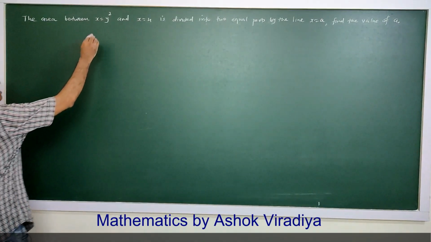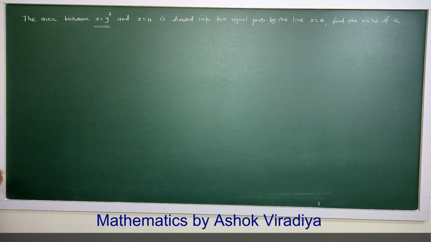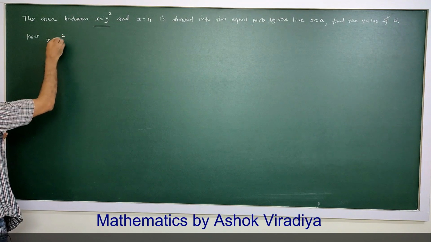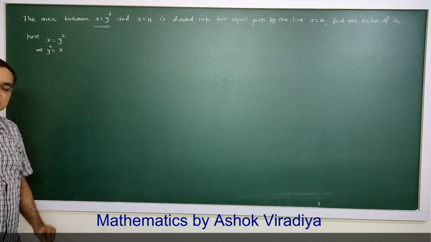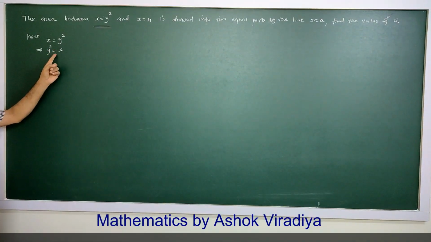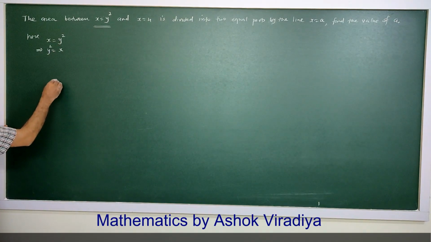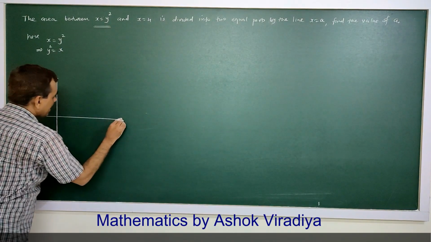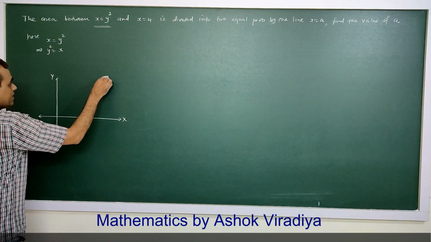So here x equal to y square, that is, y square equal to x, like y square equal to kx. It is a parabola. So its diagram will be here, y square is kx, it is something like this.